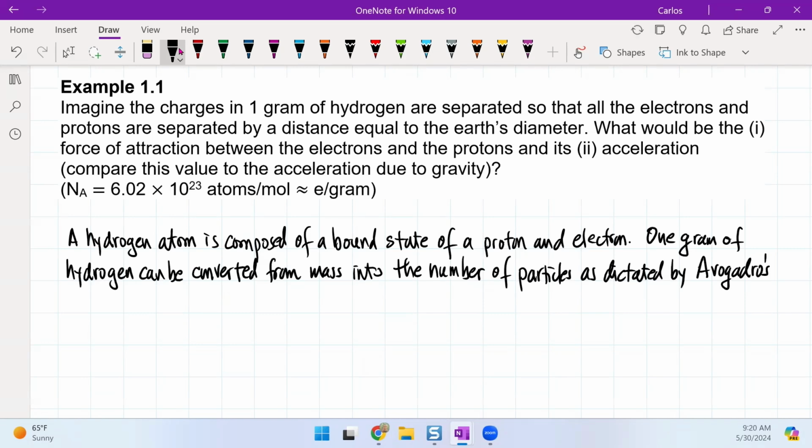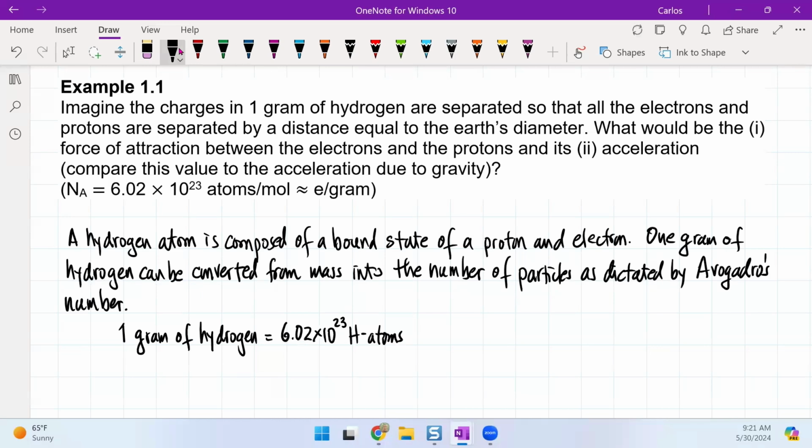Avogadro's number. Now that number says that if you have 1 gram of hydrogen, Avogadro claims that you have 6.02 times 10 to the 23 hydrogen atoms.